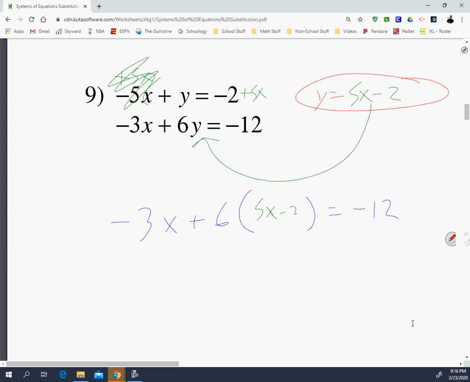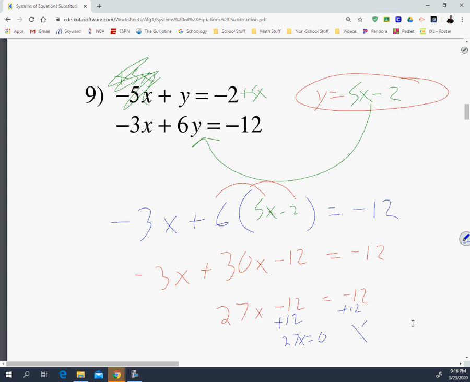Now what I'm going to do is distribute that out, and it's going to give me 30x minus 12 equals -12. This is a -3x, and that's going to give me 27x minus 12 equals -12. Oh man, what kind of answer is it going to be here? When I add 12, I'm going to get 27x equals 0, and divide by 27, you get x equals 0.